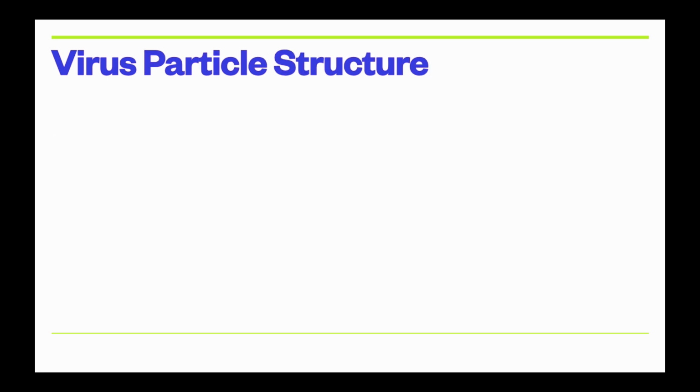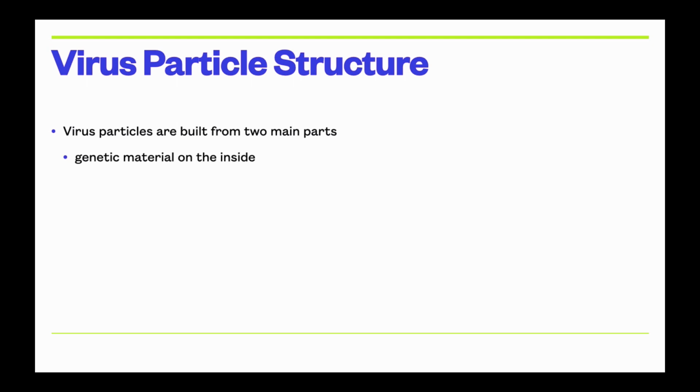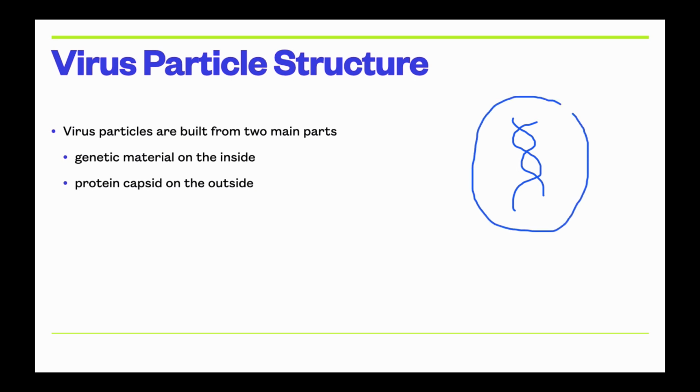Okay, how is a virus actually built? How are these virus particles put together? Well, virus particles, as I said earlier, are made from two main parts. They contain some genetic material, which is on the inside, and they contain a protein layer on the outside, which is called the capsid. So over here on the side, if I draw a picture of a virus, you imagine some genetic material, it could be DNA or RNA, and it's surrounded by material on the outside.